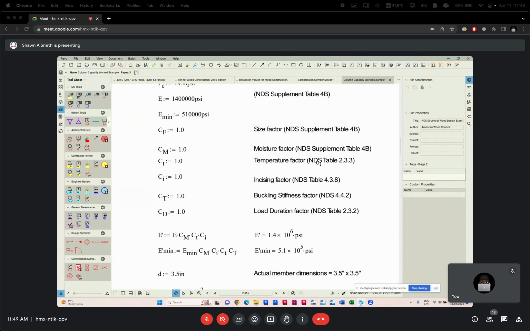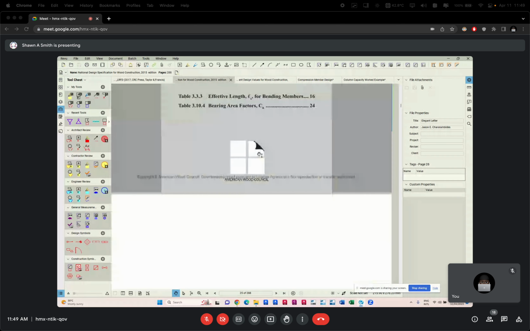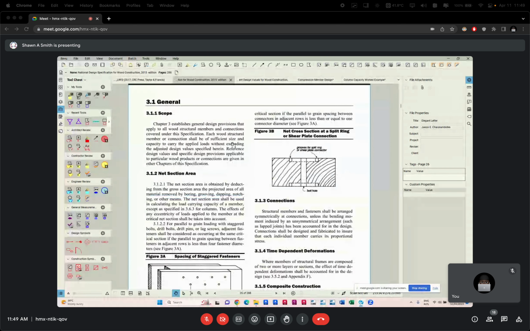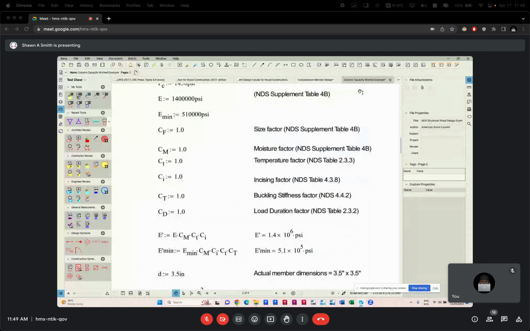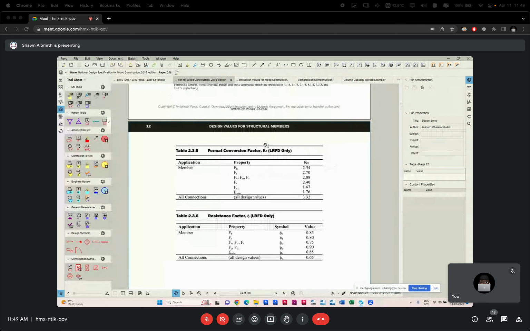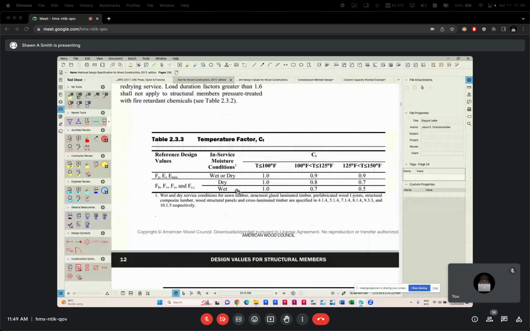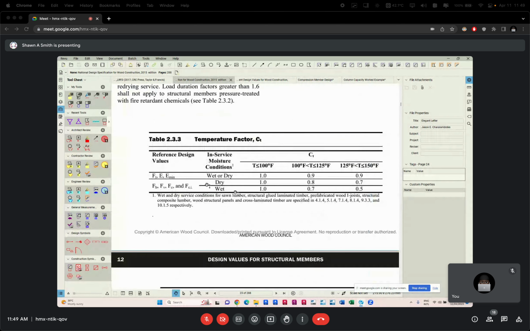So you have gone to NDS Table 2.3.3. This is the NDS now, not the supplement. Okay, fine. So I'm on Table 2.3.3, and we're looking for compression.